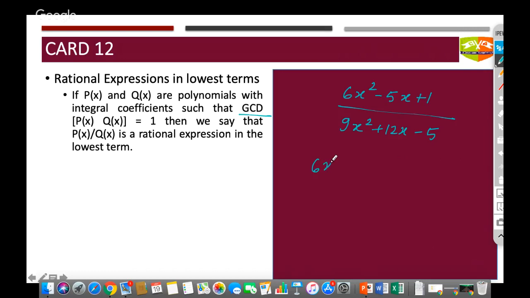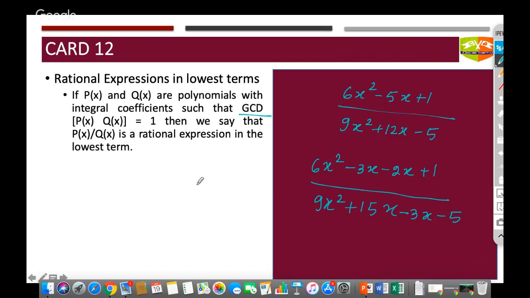Here I can write 6x square minus 3x minus 2x plus 1, and here, 9 into 5 is 45, and 15 minus 3 is 45, so I can write 9x square plus 15x minus 3x minus 5.